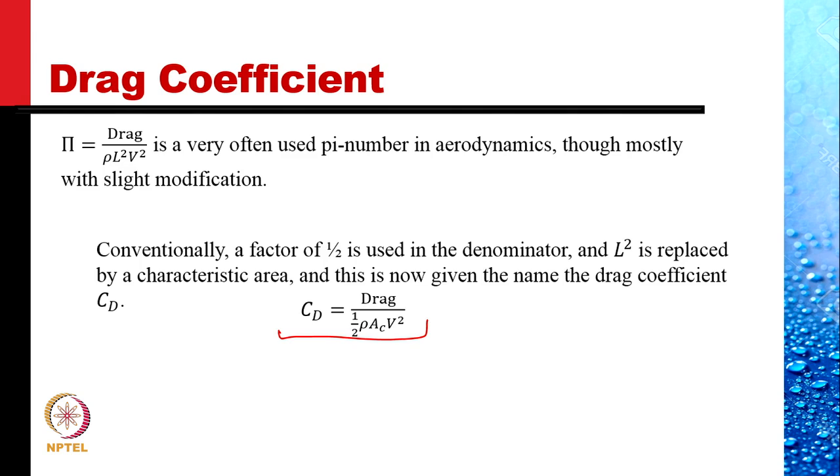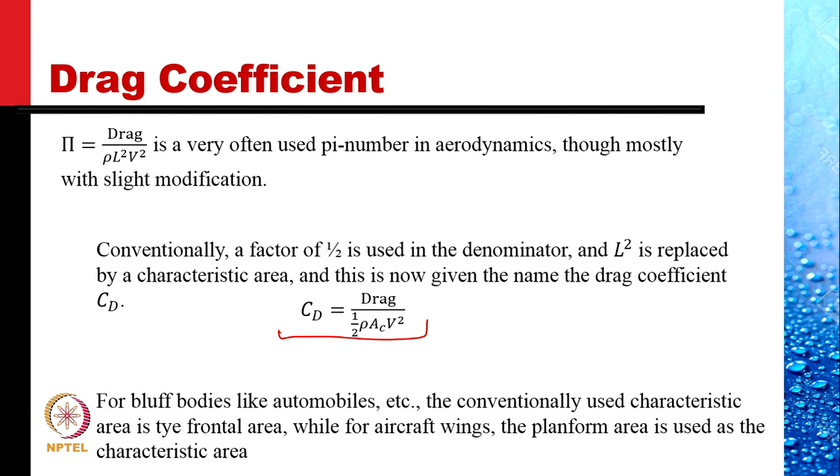When the flow in the model is similar to flow in the prototype, then the drag coefficient is same. The characteristic area depends upon the geometry.